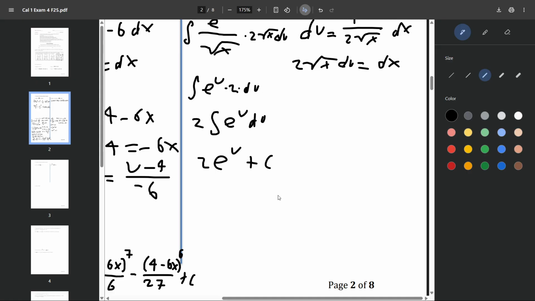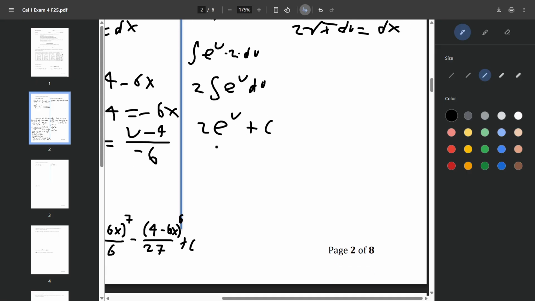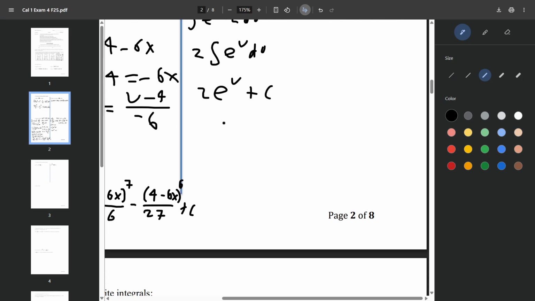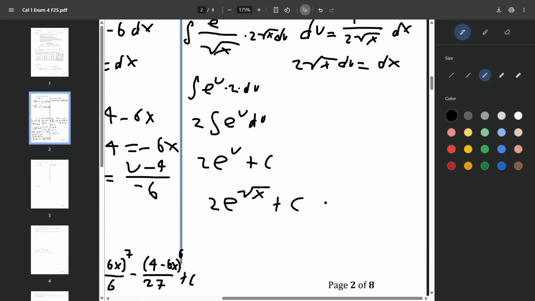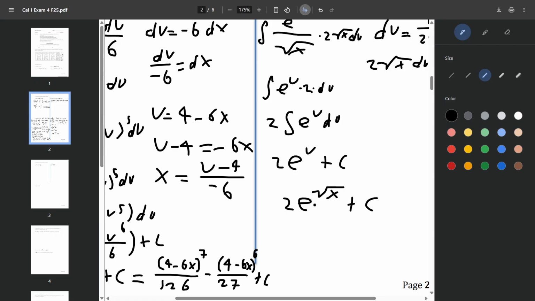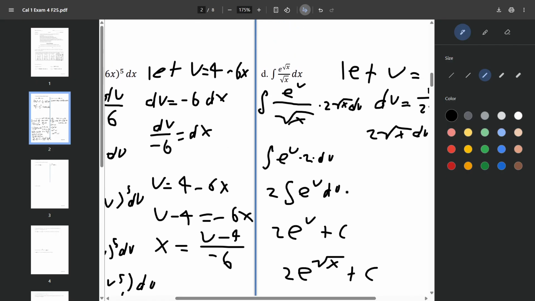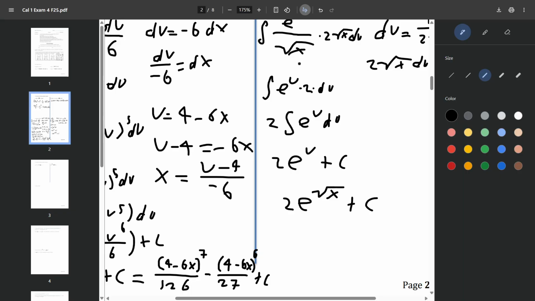And so now all we have to do is replace u with root x. So now our final answer will be 2 e to the root x plus c. And that is the final answer for page 2.